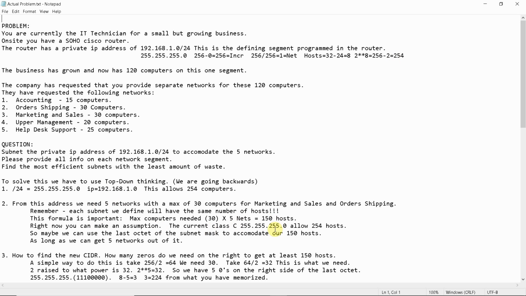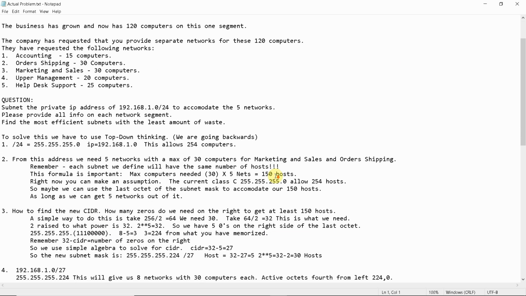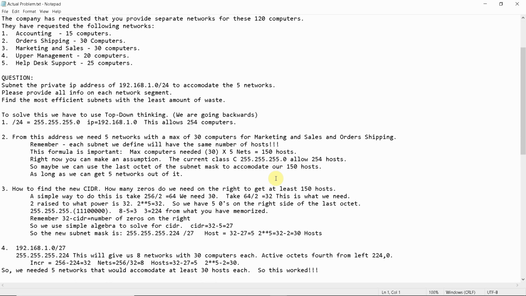The current class allows 254 hosts, so maybe we can use the last octet of the subnet mask to accommodate 150 hosts, as long as we can get 5 networks out of it. And I think you know the answer to that. How do we find the new CIDR? Basically, how many zeros do we need on the right to get at least 150 hosts?